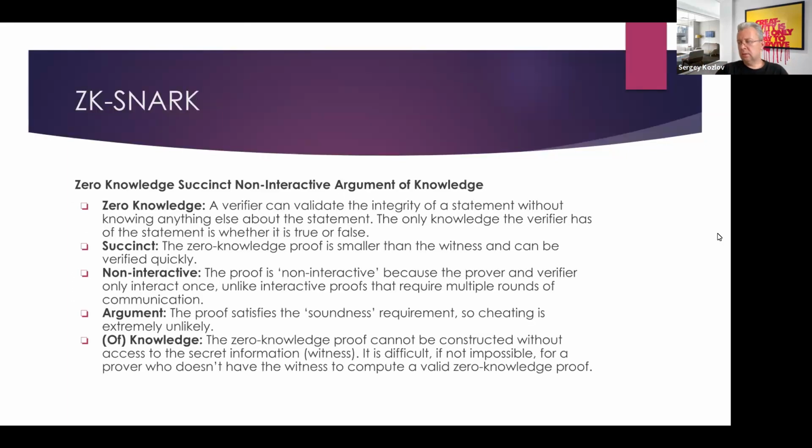Now let's get closer to the technology which we use for IDs. It's called ZK-SNARKs. What stands for what in this ZK-SNARK word? ZK is zero knowledge proof, so we understand. Then succinct, it means that the zero knowledge proof is smaller than the witness. Witness we call the private input data.